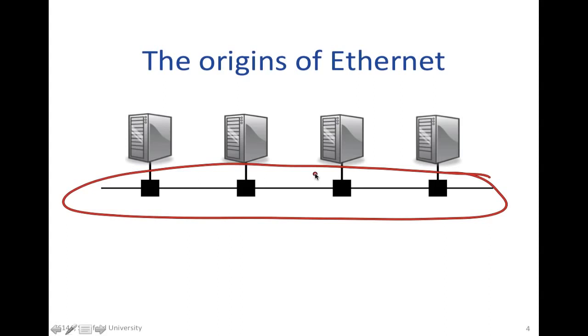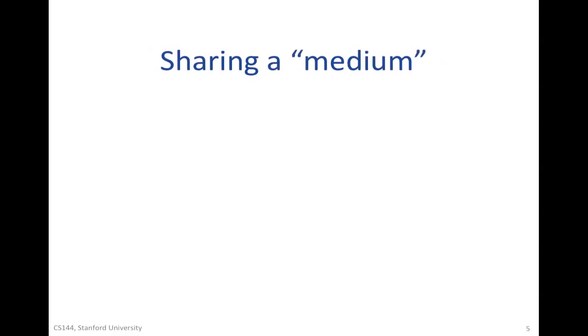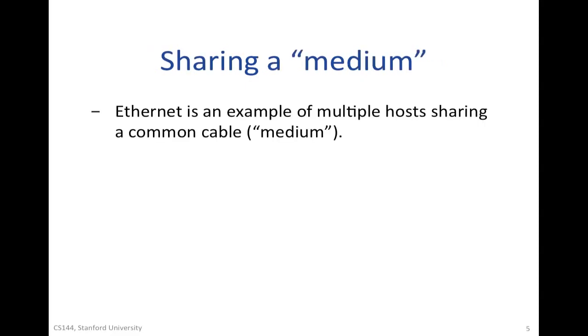And the idea was that they would share it in order to be able to send packets between themselves, but that only one packet would be allowed onto the cable at a time, because otherwise it would collide or corrupt and interfere with other packets. So this is what we call sharing a medium, and Ethernet is an example of when multiple hosts share a common cable. That's what we mean by medium.